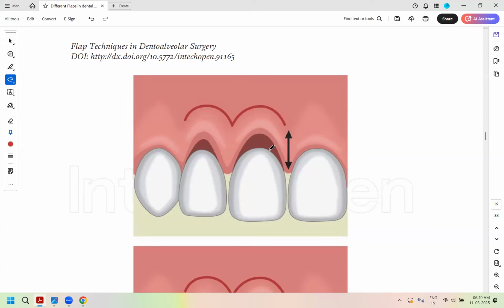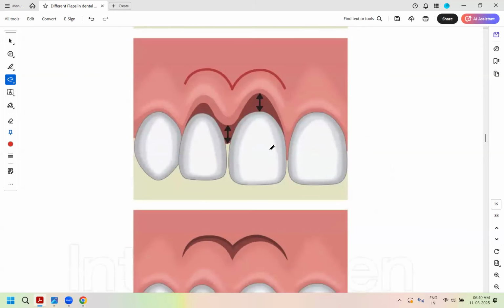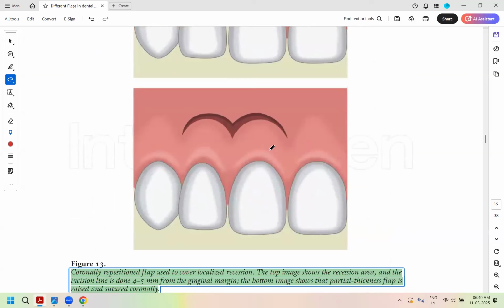So when you require coverage in multiple exposed areas, you perform coronally positioned flap. So after giving this releasing incision into the mucogingival junction, you see this incision is given below the mucogingival junction. So it is loose mucosa, alveolar mucosa. You can raise it, right? It moves because it's not attached to the bone. So when it moves, you're bringing it coronally.